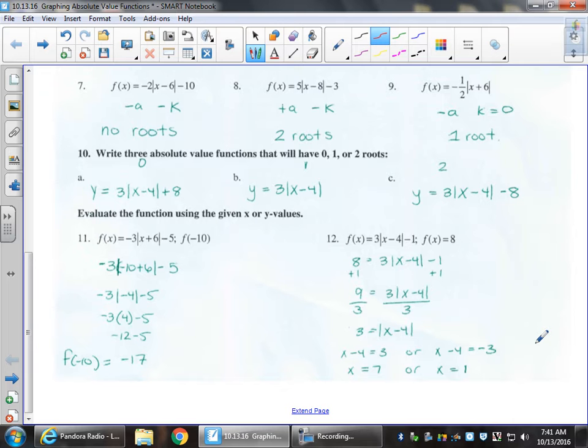I don't necessarily need to see negative A, negative K. I'm fine if you say opening down, shifted down, no roots. Opening up, shifted down, 2 roots. Opening down, no vertical shift means it's on the x-axis, 1 root. That would be totally okay.